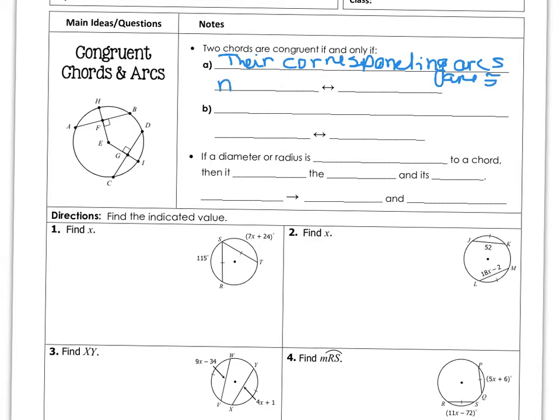So AB is equal to CD, and the measure of arc AB is equal to the measure of arc CD. And then the second is they are equal distance from the center.